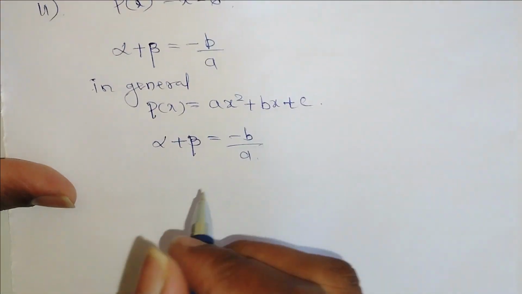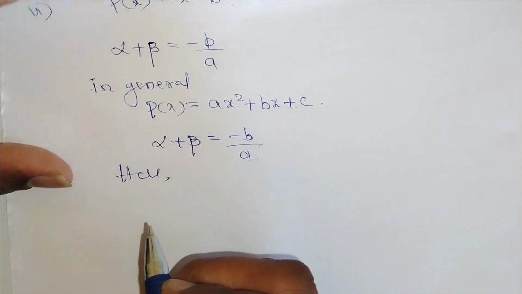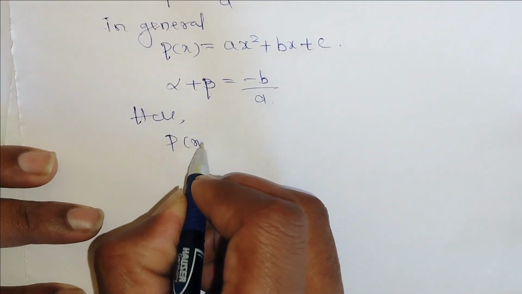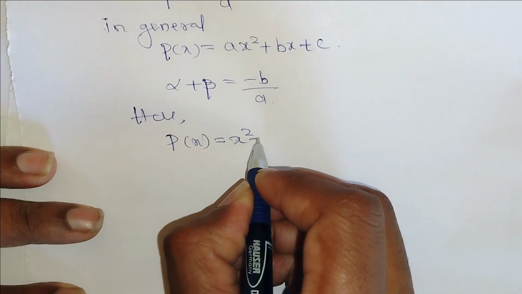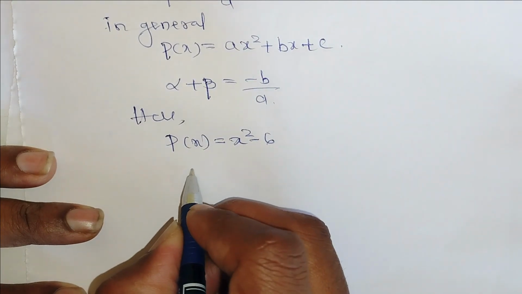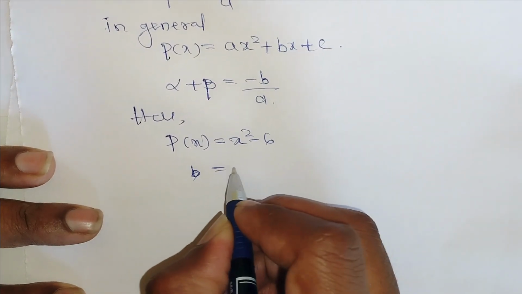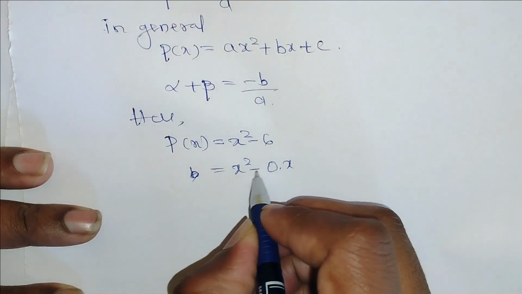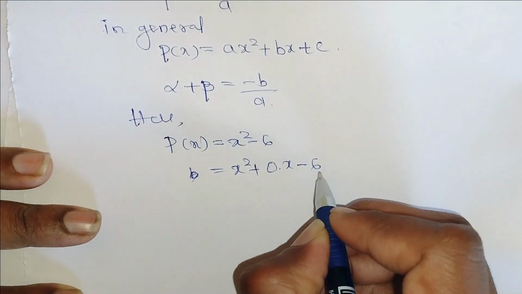So here p of x equals x square minus 6, which can be written as x square plus 0x minus 6.